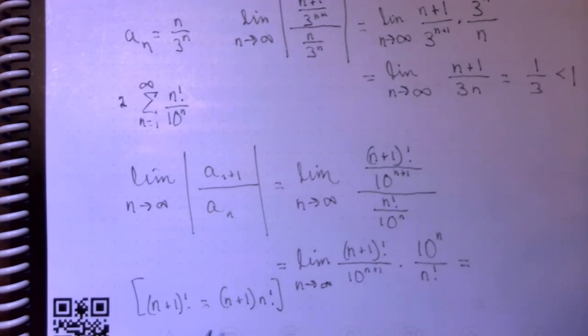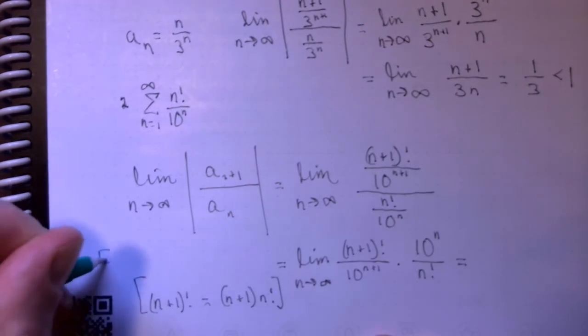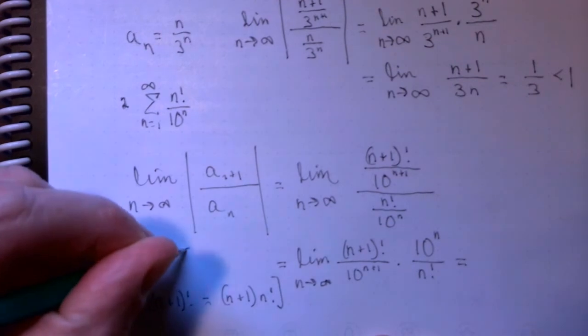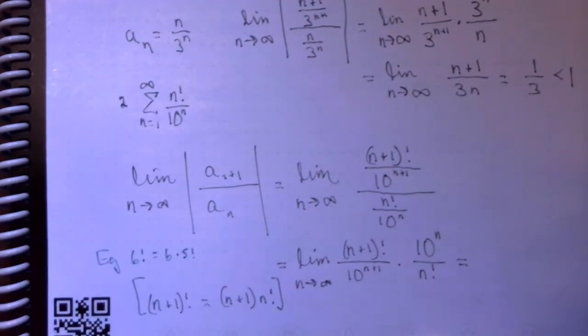This is something that is pretty important when we're doing these ratio tests. We have to remember that every factorial contains all previous factorials in it. So for example, 6 factorial is equal to 6 times 5 factorial. It's another way to think of it.